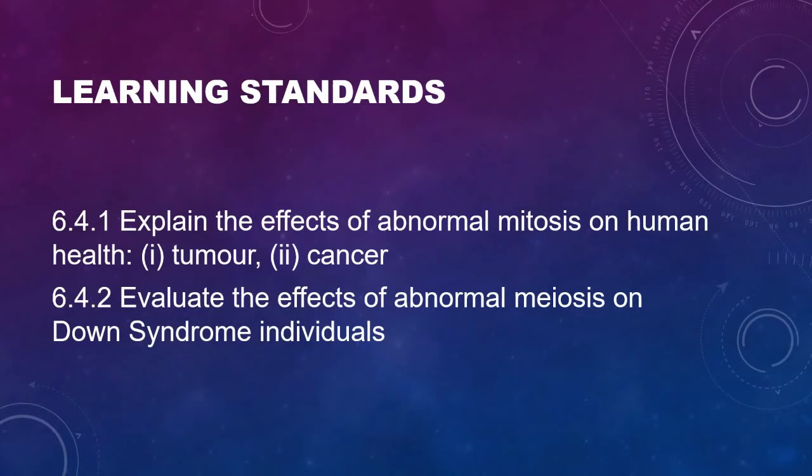At the end of the lesson, 6.4.1, students are able to explain the effect of abnormal mitosis on human health: number 1, tumor; number 2, cancer. 6.4.2, students are able to evaluate the effect of abnormal meiosis on Down syndrome individuals.